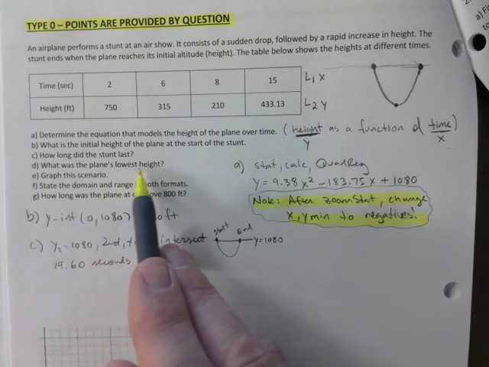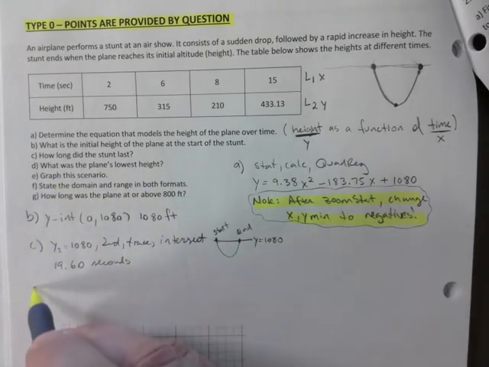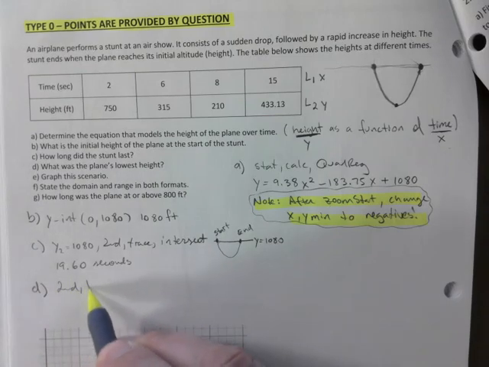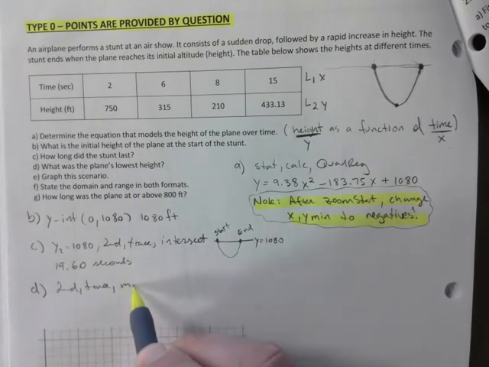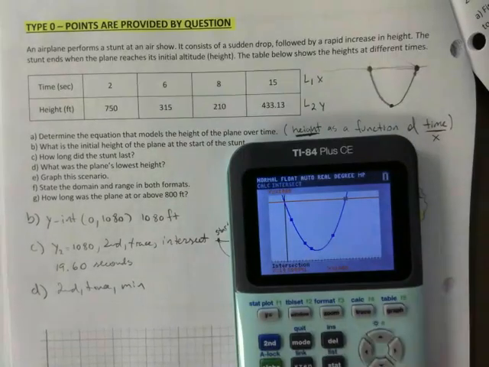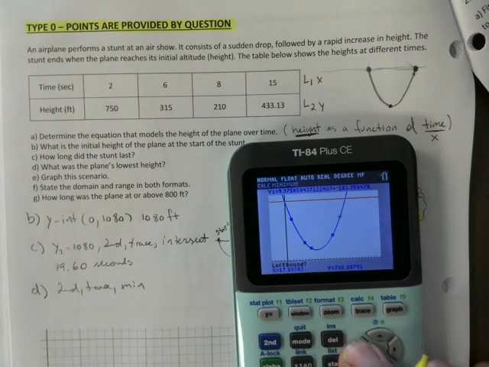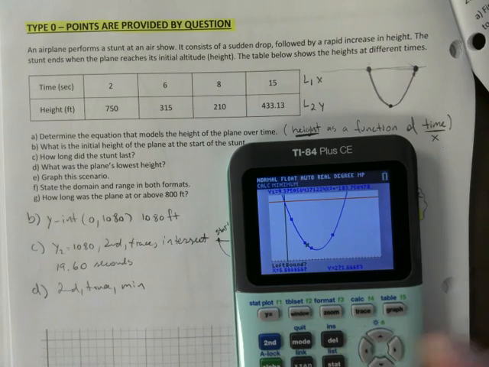What is the plane's lowest height? What would we be finding there? Vertex. Okay, let's do that. Second, trace min. You got to go to the left of it. To the right of it.